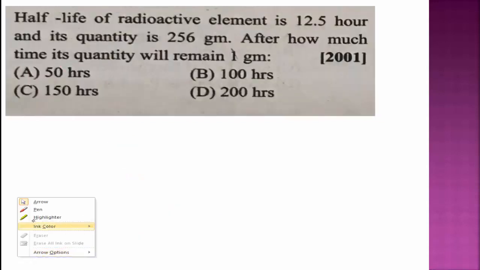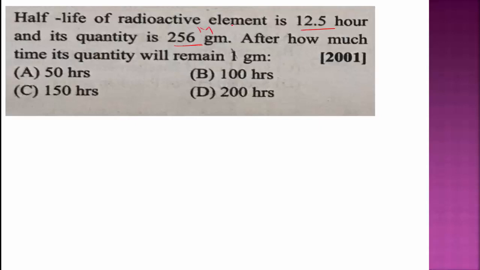And the next problem is half-life of a radioactive element is 12.5 hour and its quantity is 250 gram. It is a mass. After how much time will its quantity remain? Here this is in terms of quantity, not number of atoms.